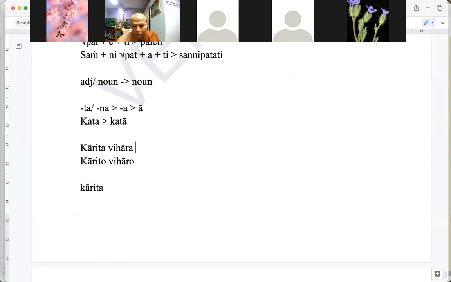Okay, these are masculine. And then now karita and rata. Rata is neuter gender. At that time, karita will take neuter endings like karitam and ratam and so on.